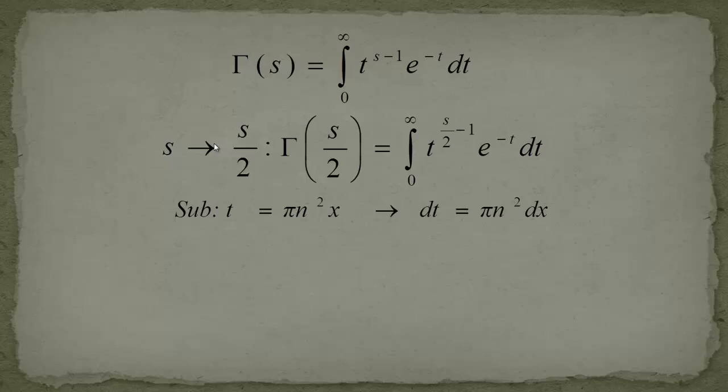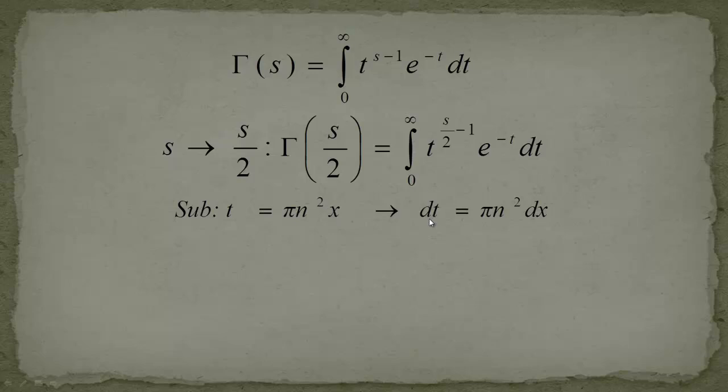This should be familiar to you, because we use this kind of expression in the theta function, so we will somehow get the theta function. If you have a more precise look at this e to the minus t, we will get e to the minus pi n squared multiplied with x.